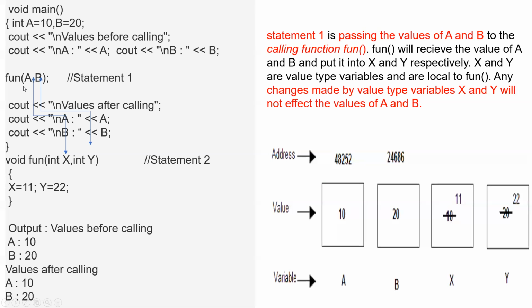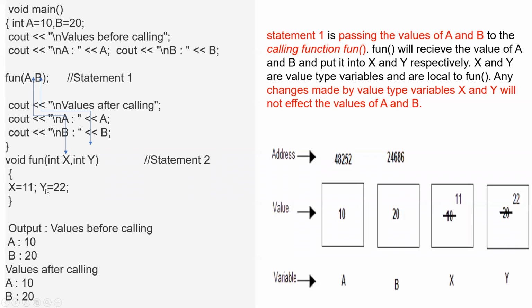Now here I call a function ab. The value in a, that is 10, and the value in b, that is 20, has been passed on to x and y. So when I'm calling the function here, it will go and search for the definition. It is here, x and y. That means the initial values of x and y are 10 and 20.